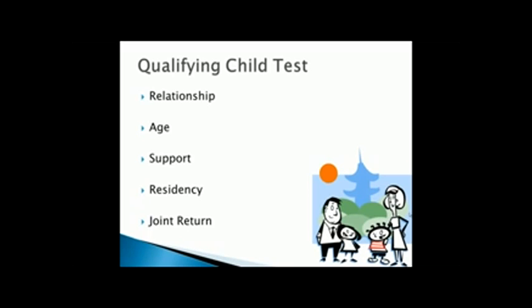Those are the only people that can be qualifying children. They must be under the age of 19, unless they are a full-time student, then they can be under 24, or if they're totally disabled. You must provide more than half of their support for the year, and they must have lived with you more than half the year. They also cannot file a joint return unless it's just to claim the refund.